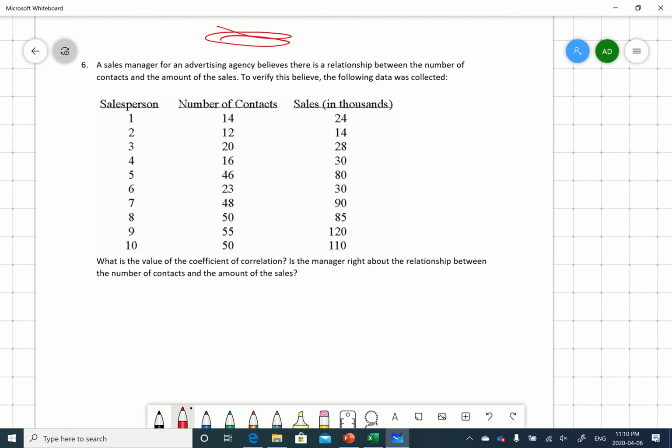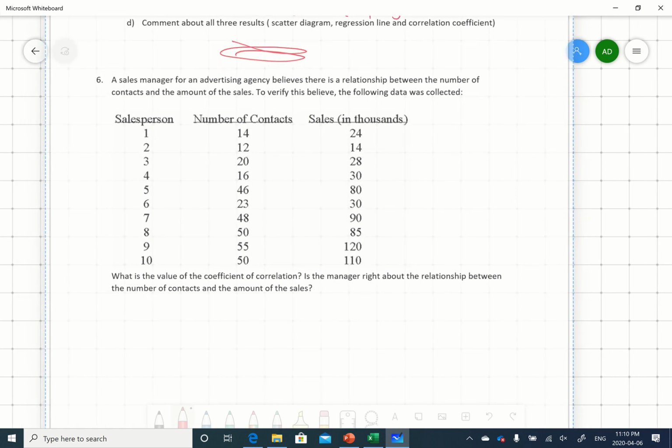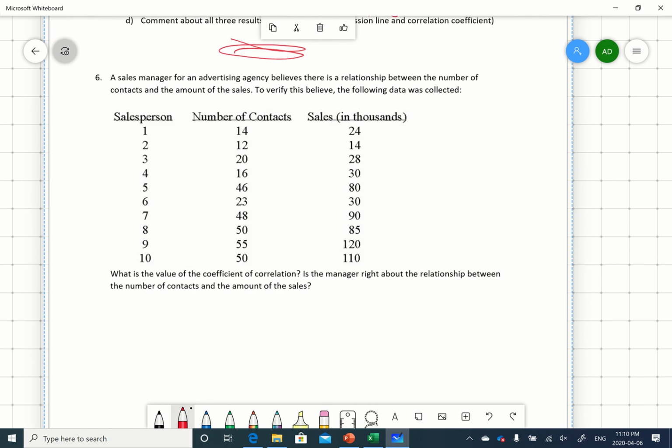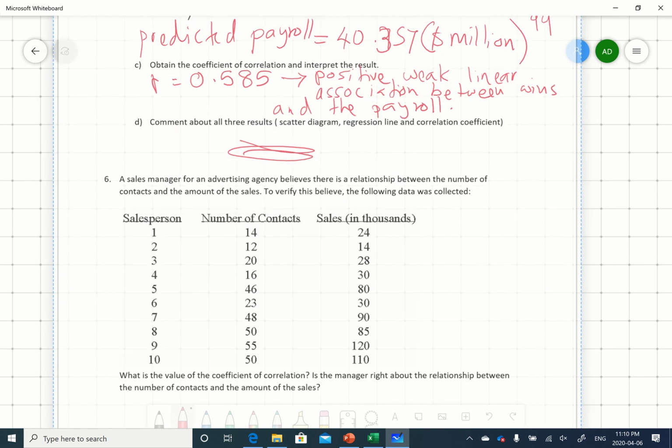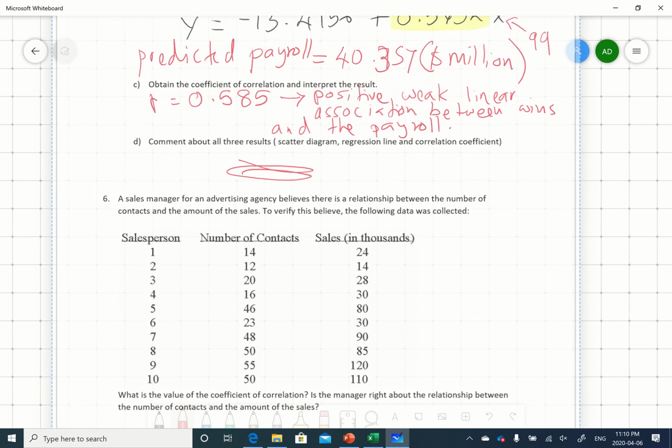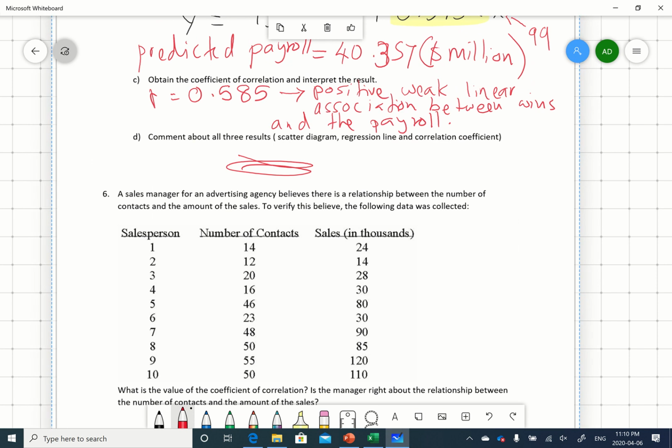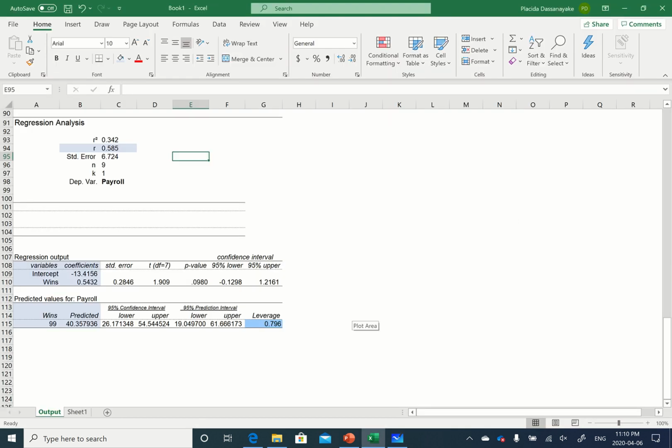In number 6, again, you have to get the coefficient of correlation and make your conclusion. We didn't talk about the coefficient of determination there, so I'm going to look at that number from the Excel output and add my own interpretation.